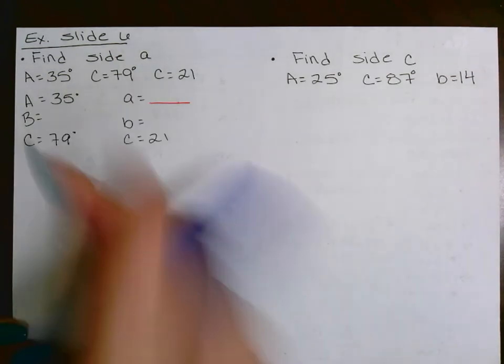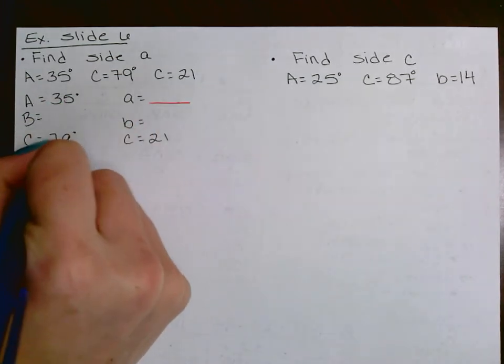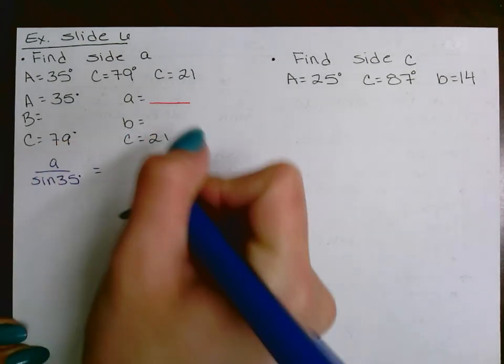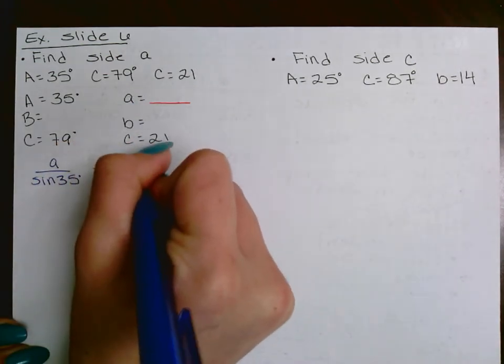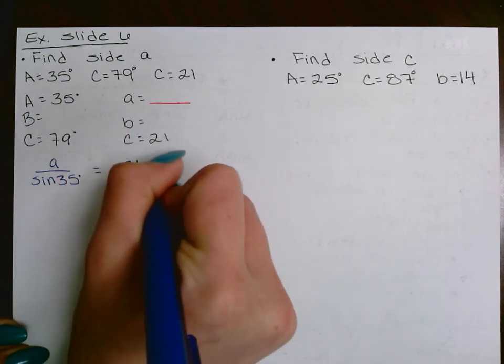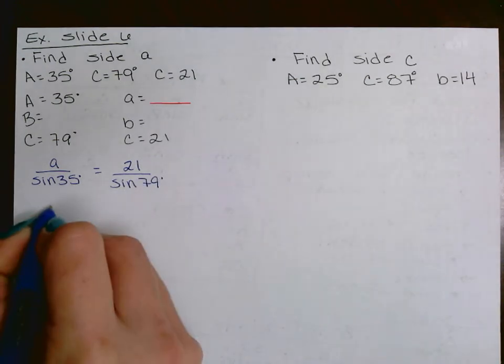So I can say I'm looking for the side A over sine of 35 equals side C over sine of angle C. Okay? Multiply that sine of 35 over.